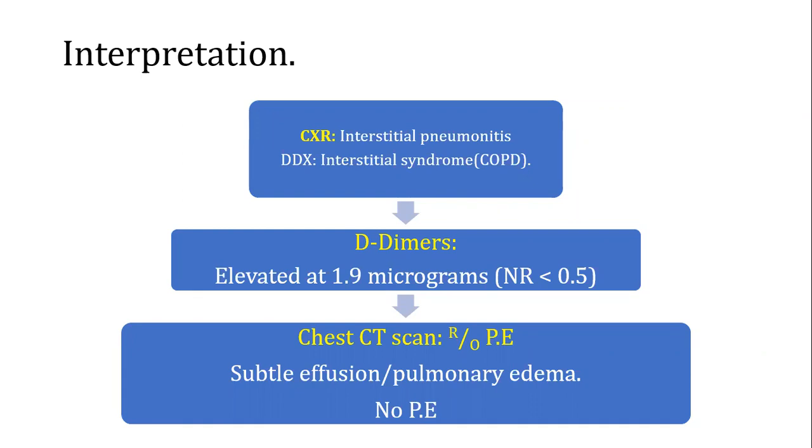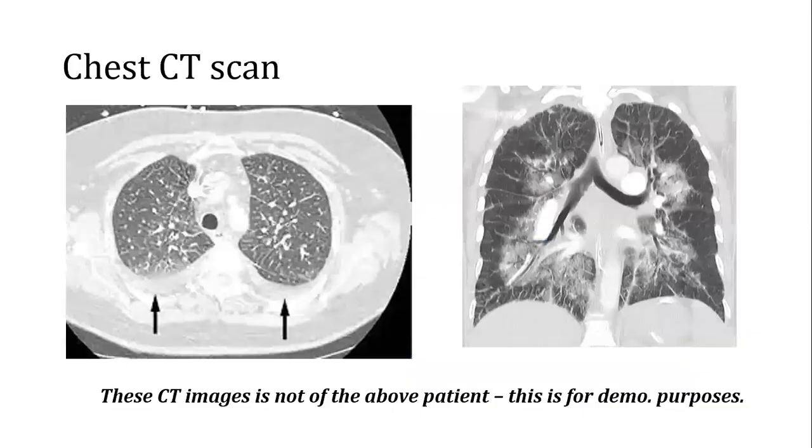Now, these findings of subtle effusion and pulmonary edema are not specific. What is causing this? But fortunately, we have ruled out pulmonary embolism. Now, these images are not of this particular patient.